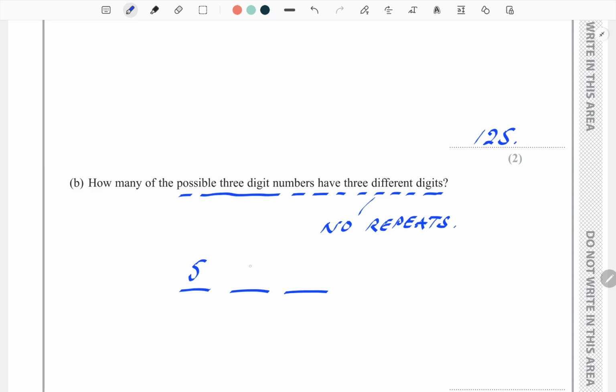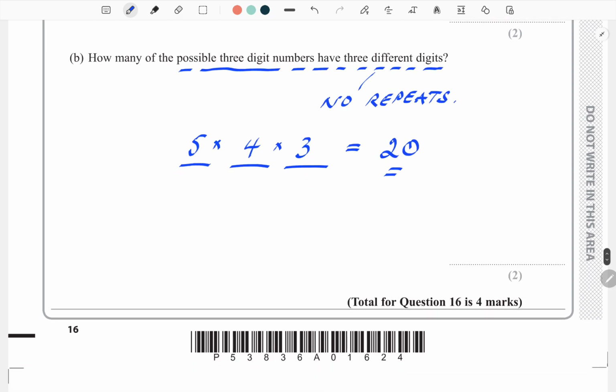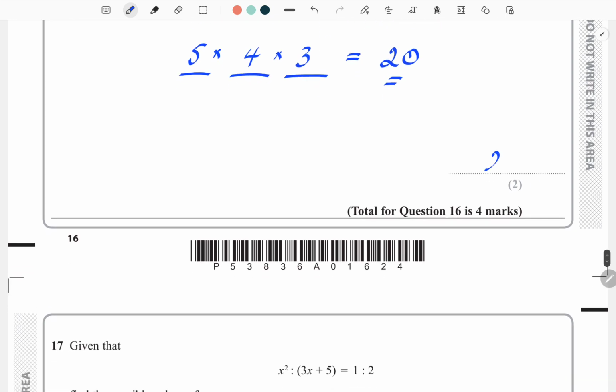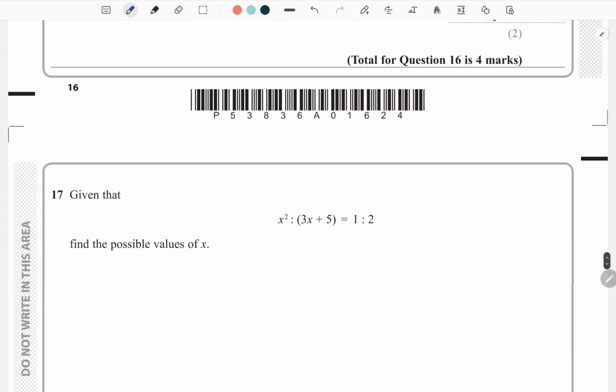So the choice is reduced by 1. So it becomes 4. And then the final one, you've already chosen 2 numbers, so you're only left with a choice of 3. So the total there, 5 times 4, 20, times 3 is 60. And that's all you needed for that question. Hopefully that makes sense.